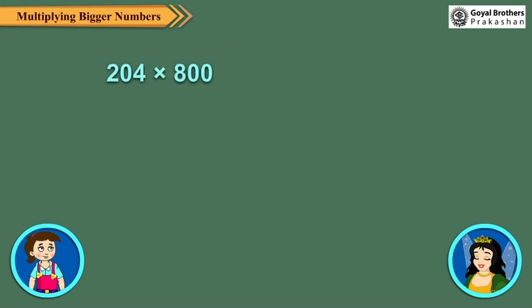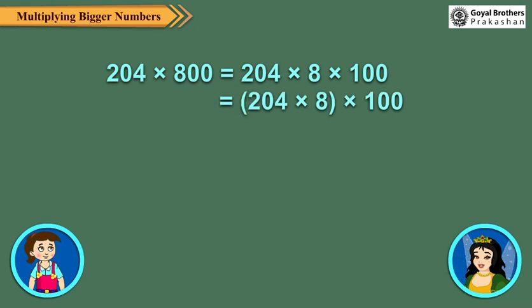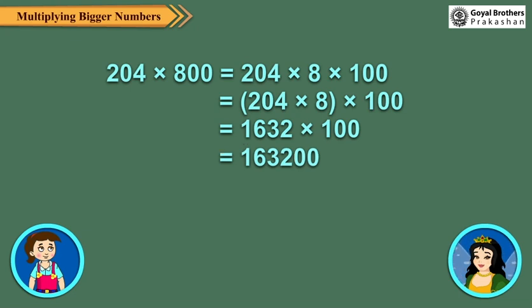Again, consider the product 204 multiplied by 800. Here also, we break 800 as 8 multiplied by 100. Then we multiply 204 by 8 to get 1632. Finally, we insert 2 zeros on the right of 1632 to get the required answer.